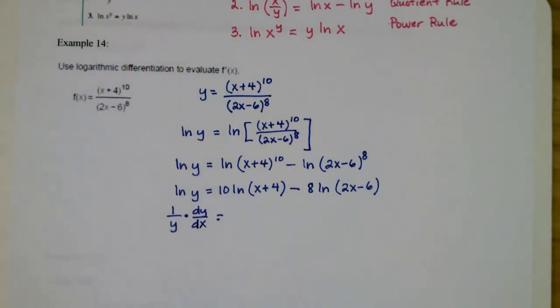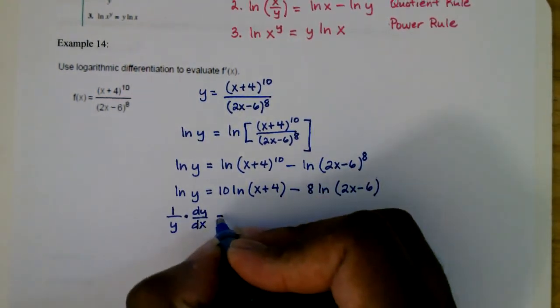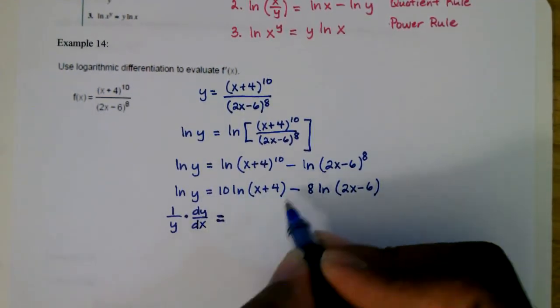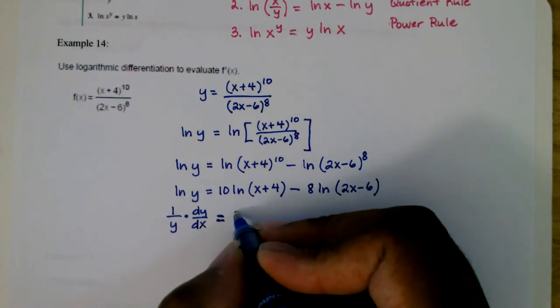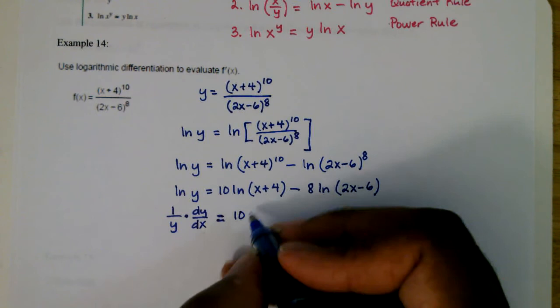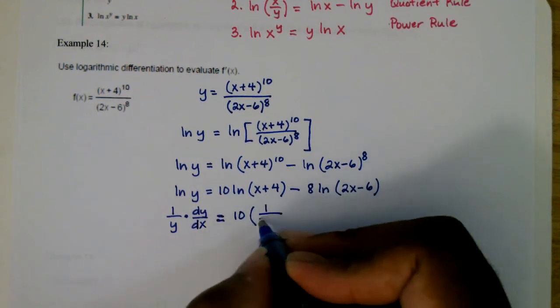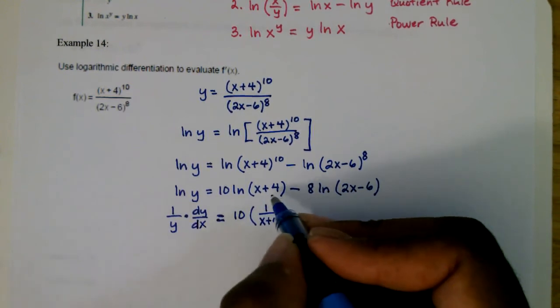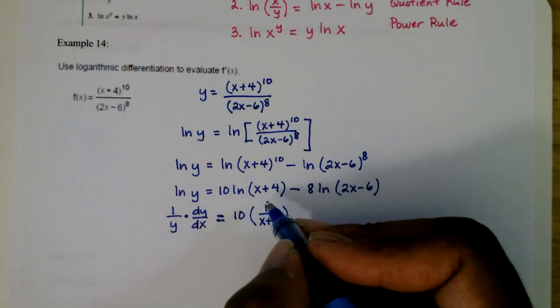All right. And then that's equal to the derivative of 10 times the natural log of x plus 4. Well, I can bring the constant down for the 10. The derivative of ln of x plus 4 will be 1 over x plus 4 times the derivative of x plus 4. That's going to end up being 1.